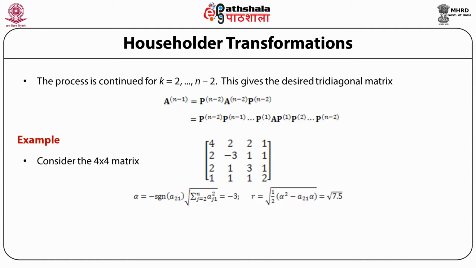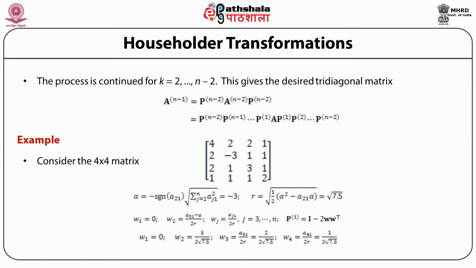So alpha equals minus sgn a21 into the square root of summation j equals 2 to n aj1 square equals minus 3, and likewise r equals the square root of 7.5, w1 equals 0, w2 equals a21 minus alpha by 2r, wj equals aj1 by 2r, where j takes the value from 3 to n, and P1 equals I minus 2 w into w transpose, and likewise w1 equals 0, w2 is equal to 5 by 2 into the square root of 7.5, w3 is equal to 2 by 2 into the square root of 7.5, w4 is equal to 1 divided by 2 into the square root of 7.5.